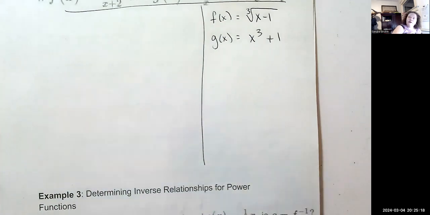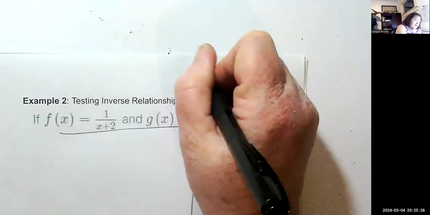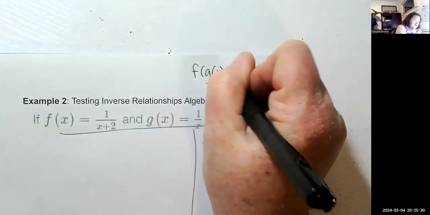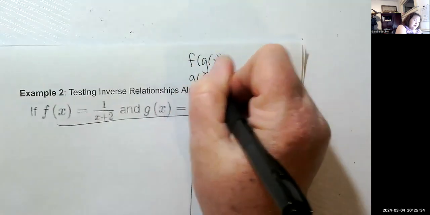To test if they're inverses of each other, we have to do one or another of these things. We have to either take f of g of x, or we have to take g of f of x.